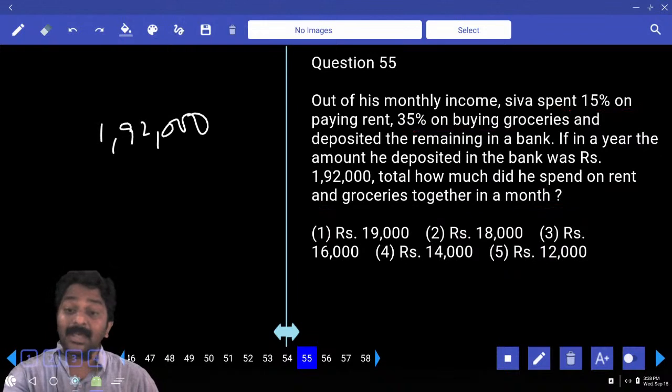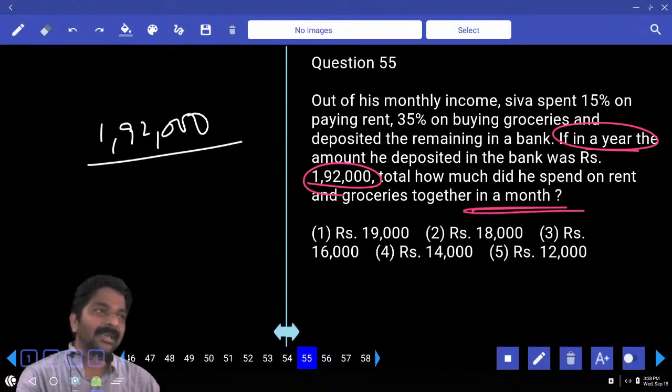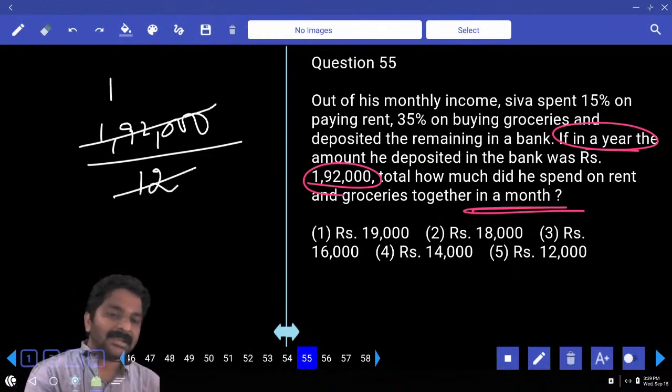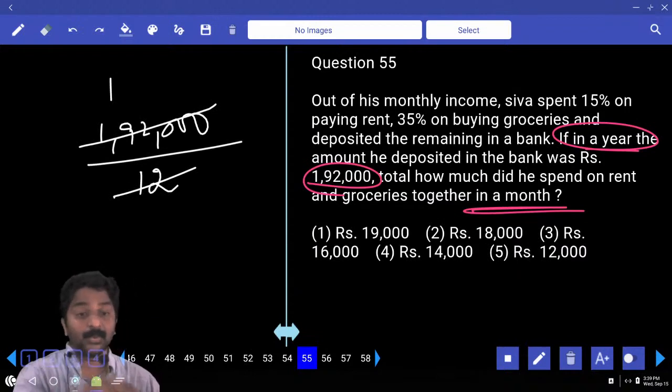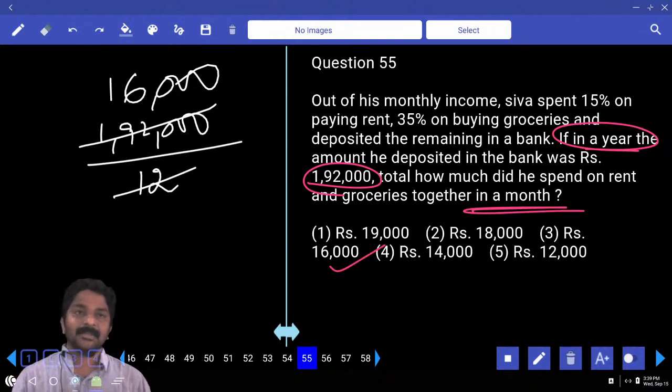But this 1,92,000 is per year, and now your question is about month. So to convert year-wise data to month-wise data, we must divide the number by 12. 12 ones 12, 72, 6, 3 zeros. Third option final. Over. Yes, we are done with it.